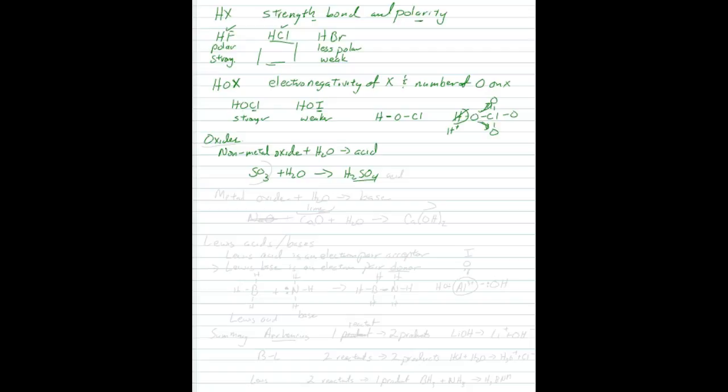In fact, this is what happens when you burn coal with a high sulfur content. You'll form sulfur trioxide. It'll go up into the atmosphere, mix with water in the clouds, and fall as acid rain. So, if you have a non-metal oxide, sulfur, nitrogen, phosphorus, any other non-metal oxides, combined with water, then it'll form an acid.